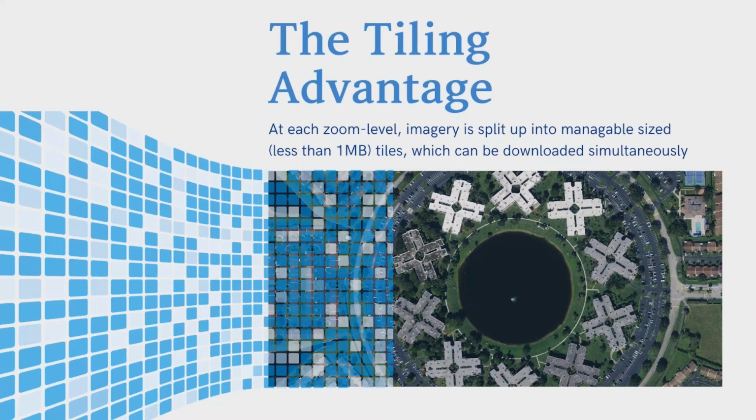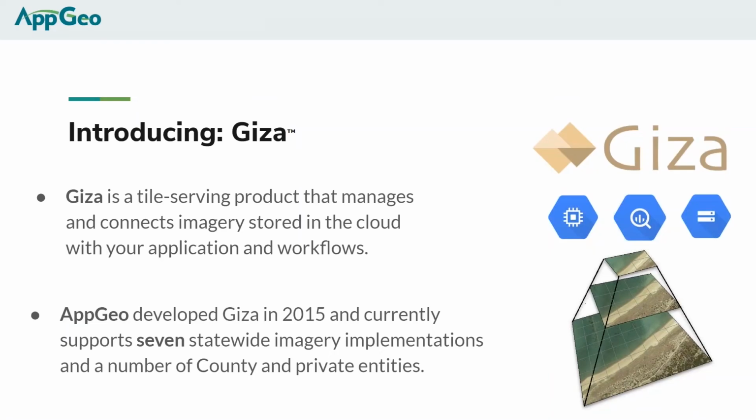And that's where I'd like to bring up Giza, the product that AppGeo developed to take fullest advantage of all these new technological possibilities. The name Giza is in reference to the pyramids in Egypt, looking at tile pyramids, which you can see on the right here. We have successive levels, often called zoom levels, each containing more and more detail than the one above.